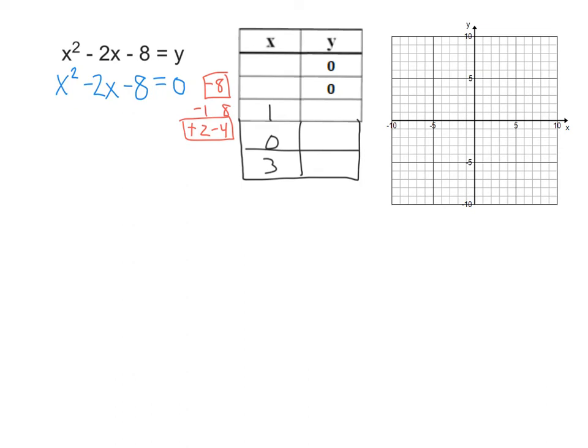So we use our factors of x plus 2 and x minus 4. And we use the zero product property, so x plus 2 equals 0, or x minus 4 equals 0. We solve these.